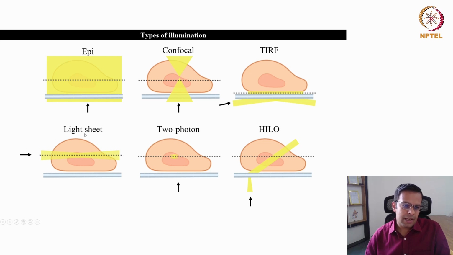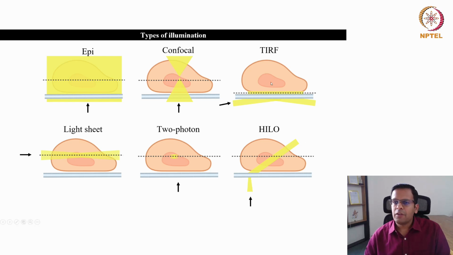Light sheet illumination passes a thin sheet of light through the sample, and 2-photon illumination only illuminates one particular spot in your sample, and HILO illumination passes a thin sheet of light through the cell, the entire cell volume. So these are different illumination strategies and all of them can be used for different purposes.